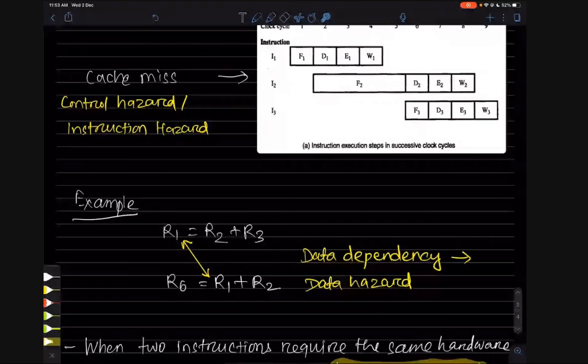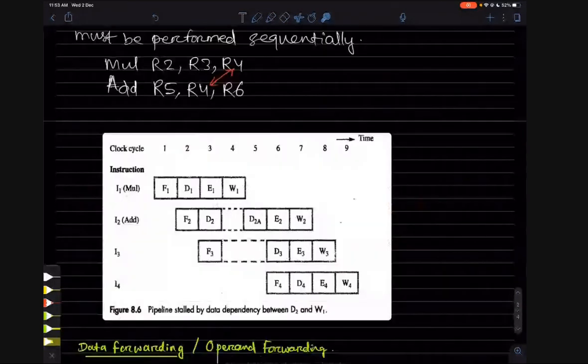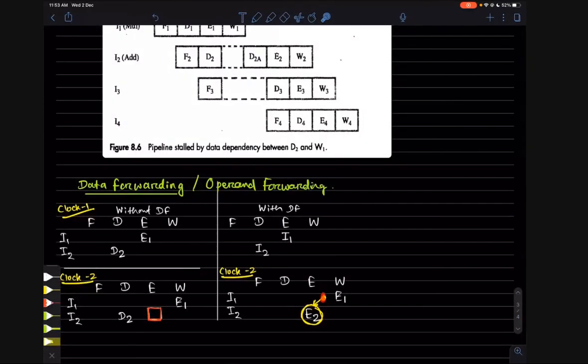Operand forwarding means just forwarding the already available data to the execution unit, so that if the next instruction needs it, it will have the data. If it does not need it, it will just ignore the data. In the previous phase the decode unit has already got the data from both sources, so in the execution unit it will just add it. But if it needs the data from the previous instruction, and that data is there, then it will do the addition operation.